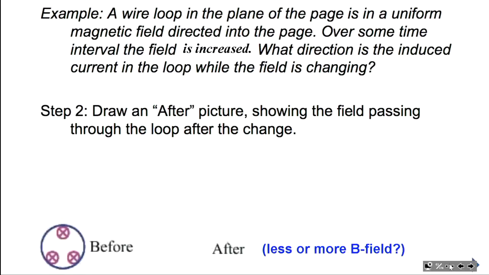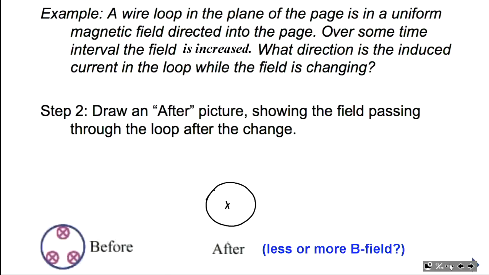Now we have to draw a picture which demonstrates the presence of magnetic field inside the same loop after a certain instant. So it's the same loop, the magnetic field points in the same direction, but now we have to make a choice. Do we draw the same number of lines, a smaller number of lines, or a larger?